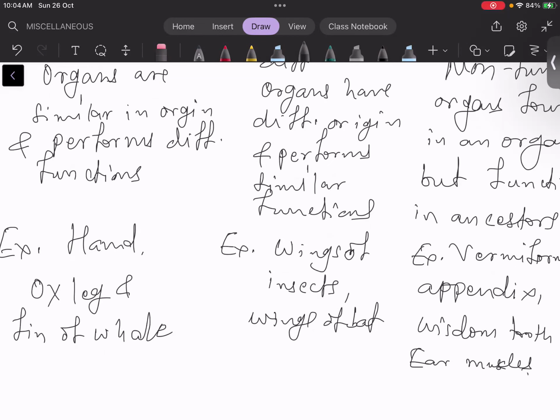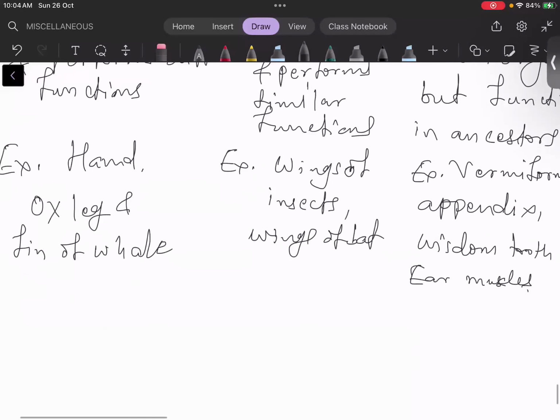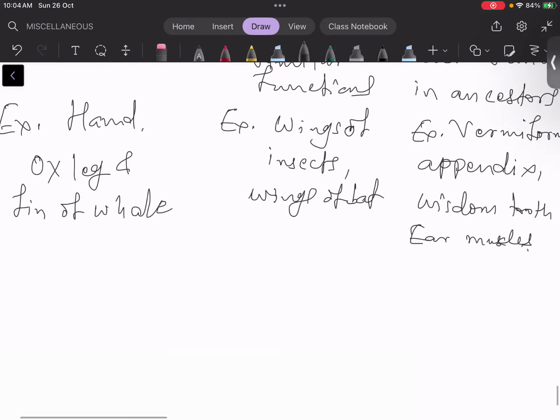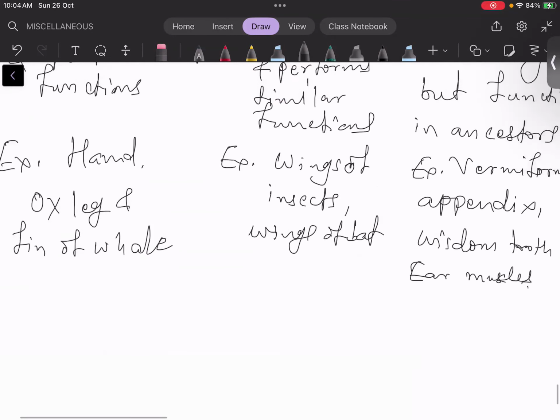Then evolution. What is evolution? Evolution is formation of complex organisms through change from simple ancestral types. What is evolution?